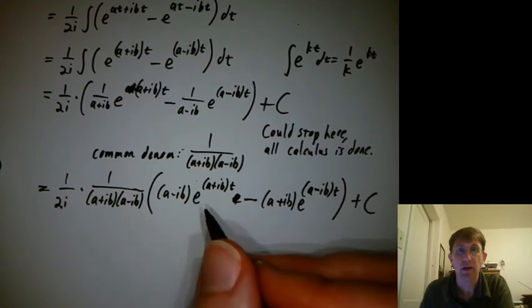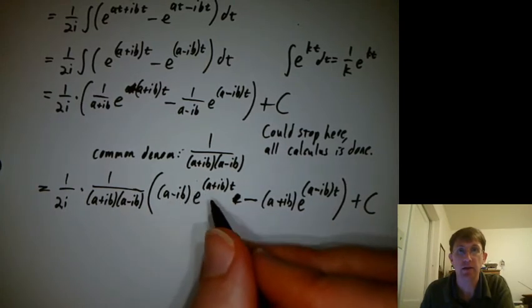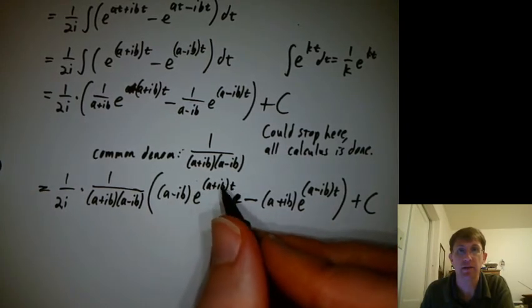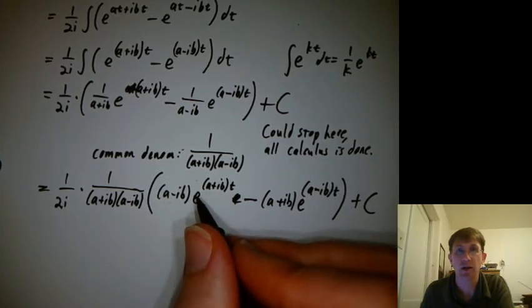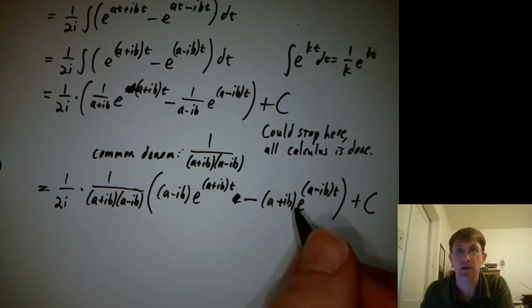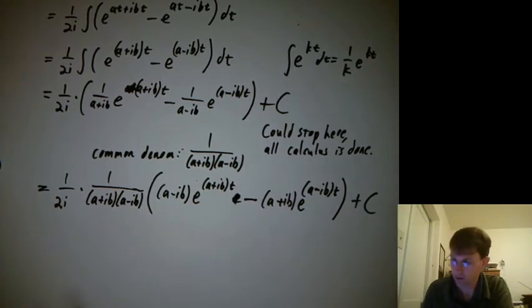All right, and then we can expand these terms, like multiply the e to the stuff times the a, e to the stuff times the ib, and we'll have an e to the at here and an e to the at here, so we'll factor that out too.